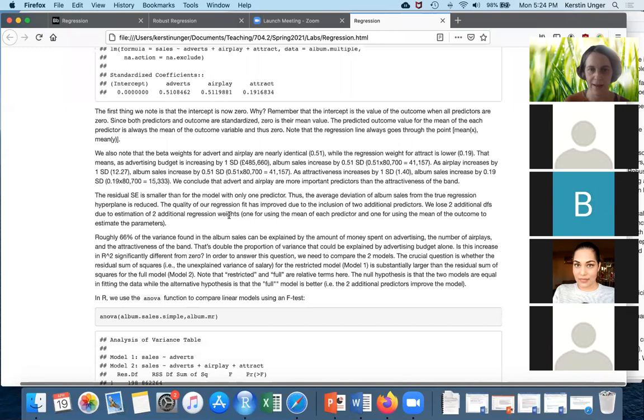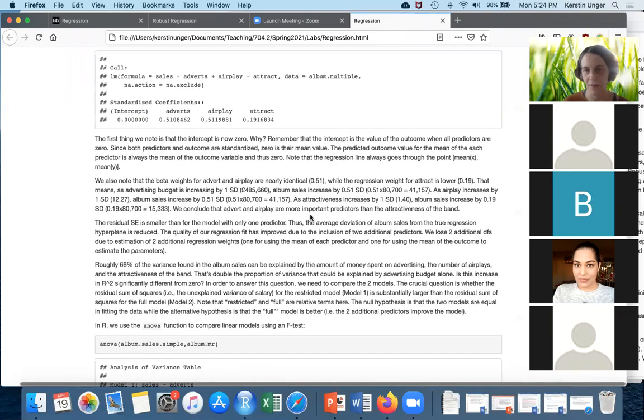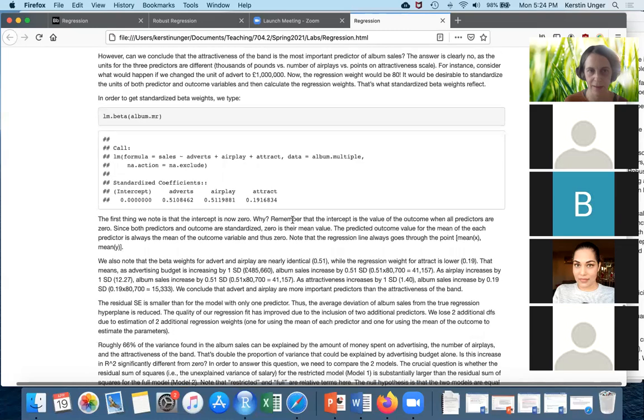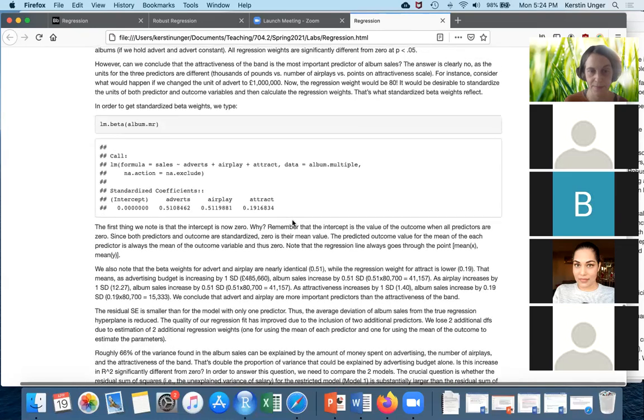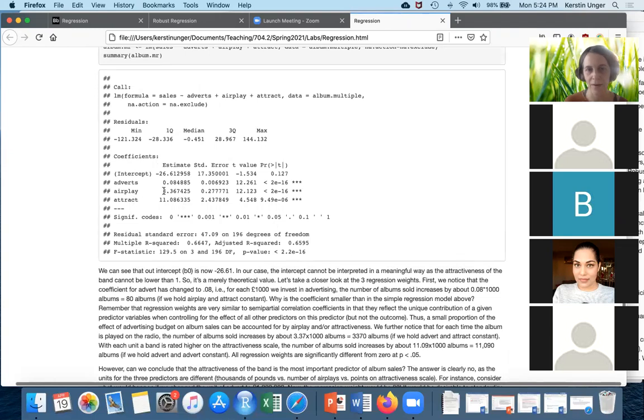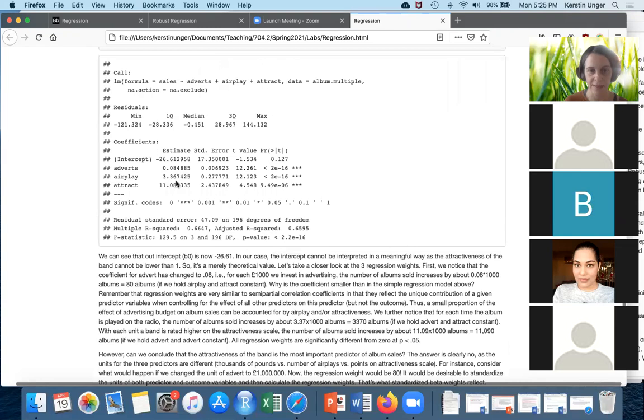So for airplay, the estimate for our regression coefficient is 3.36, and for attractiveness 11.08.